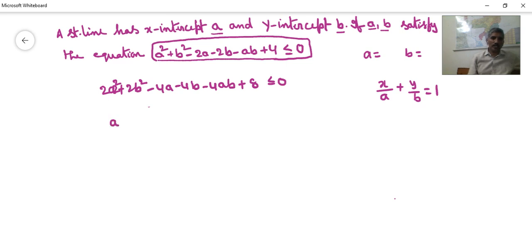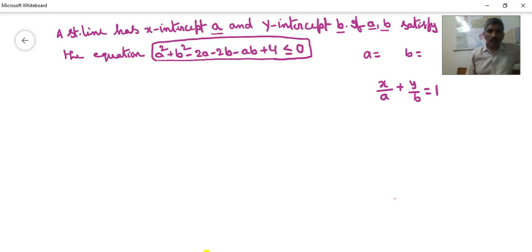So the given question we can write in this way.